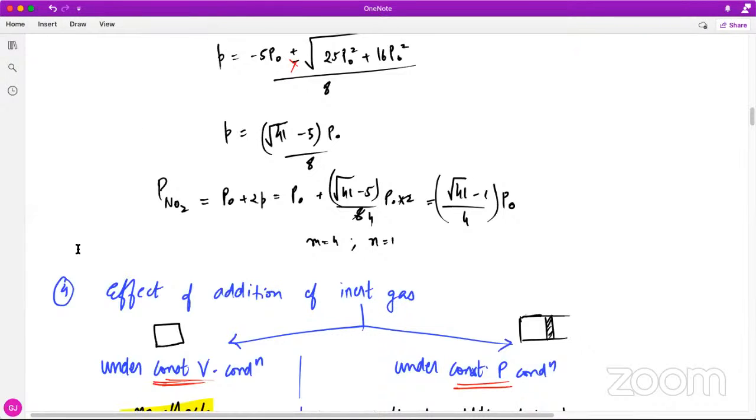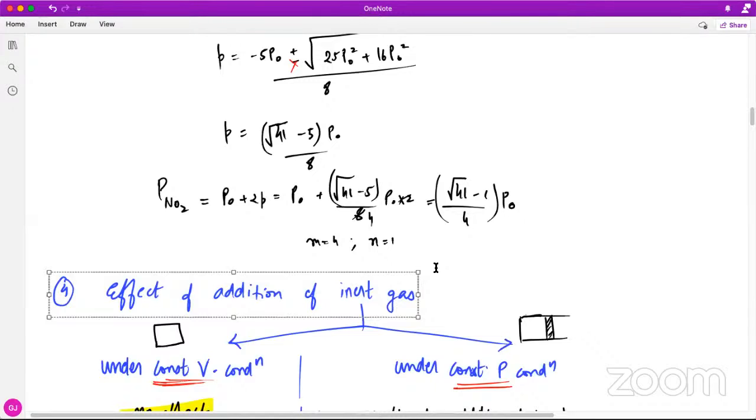Okay. Let's move ahead to the next factor. So the next factor is the effect of addition of inert gas. As per the word, inert will not participate in the reaction. But what it can do is impact, say, the pressure or volume of the vessel, and that can cause the equilibrium to shift.